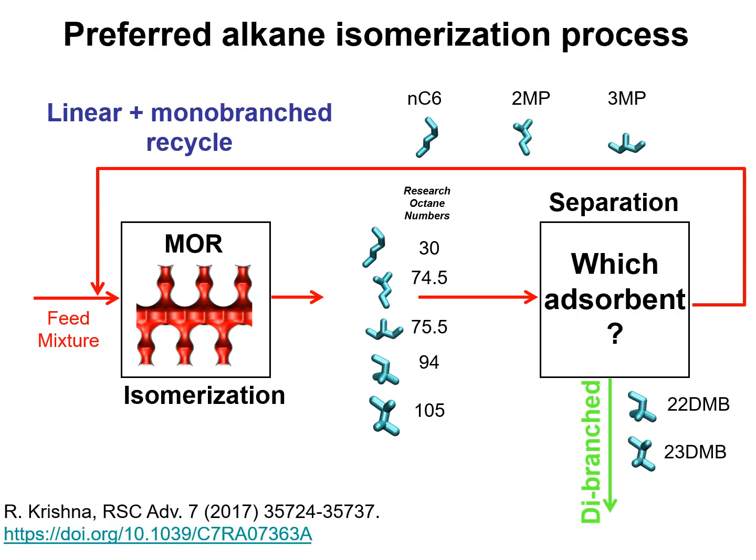The preferred processing scheme, however, is to select an adsorbent that separates the linear and the monobranched isomers from the di-branched isomers, so that the di-branched isomers with the higher research octane number can be incorporated into the gasoline pool, and the linear and the monobranched isomers can be recycled back to the isomerization reactor.